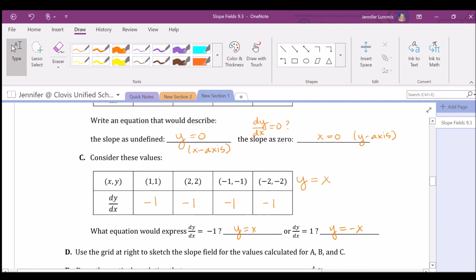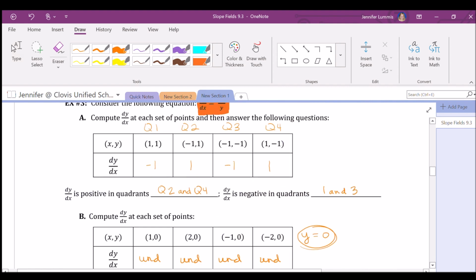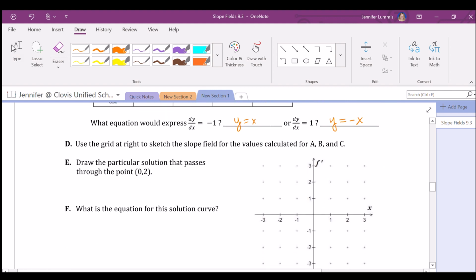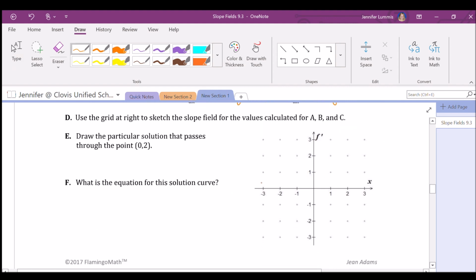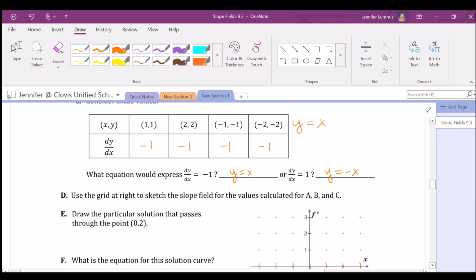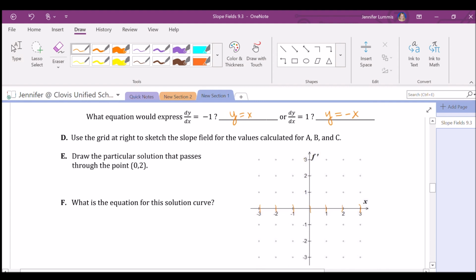We're going to start here at the undefined values actually would be best. So y equals 0, the x-axis, undefined. So again, you can do your little vertical lines or you can have nothing. Either is fine. Then we'll go in and add in on the y-axis, horizontal lines, x equals 0 is the y-axis.